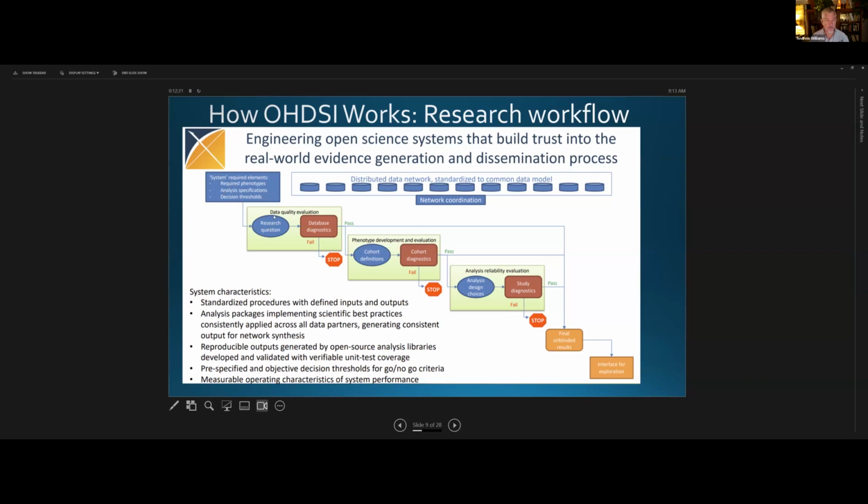So there's an evaluation with standardized diagnostics and standardized tools for data quality evaluation, and a given data contributor in this federated network might or might not pass that.